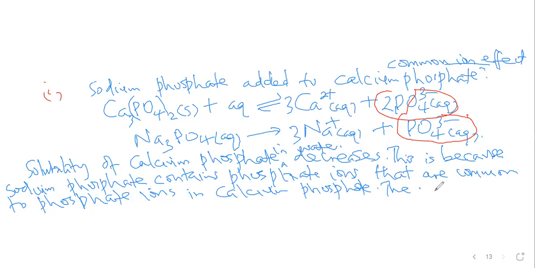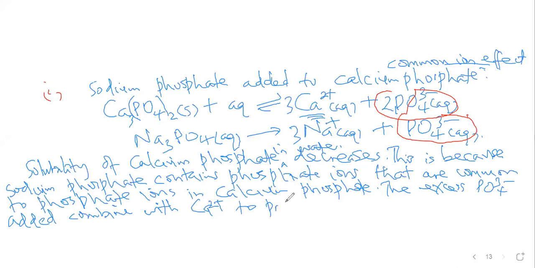What happens? The excess phosphate ions, let me use symbols here to save space. The excess phosphate ion is added from where? From sodium phosphate, combined with calcium ions in the solution to precipitate calcium phosphate.